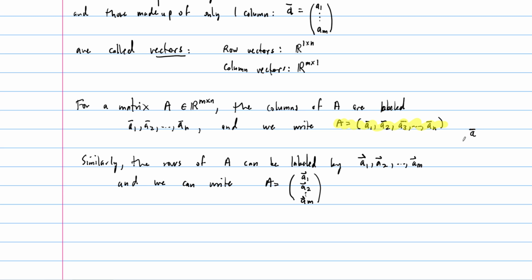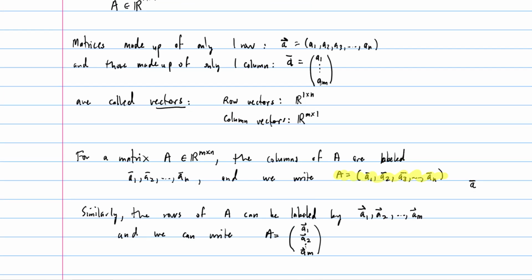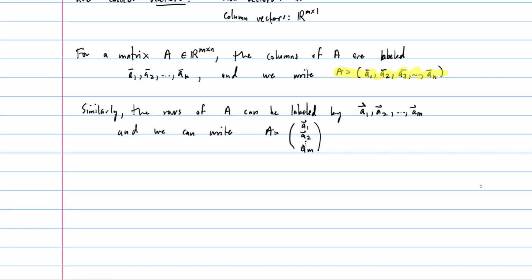By the way, the column label is the second label, and I used A_ij as the label here. So let me write this in a little bit more detail.